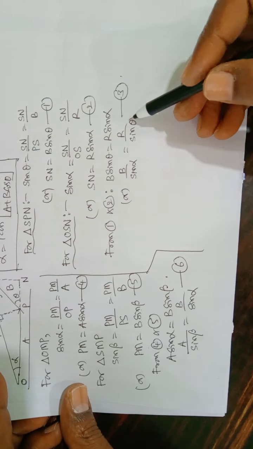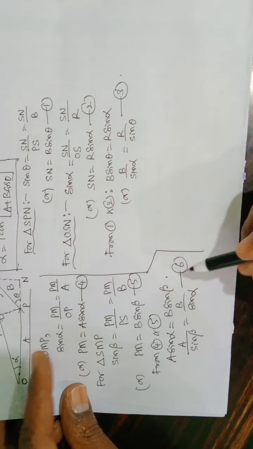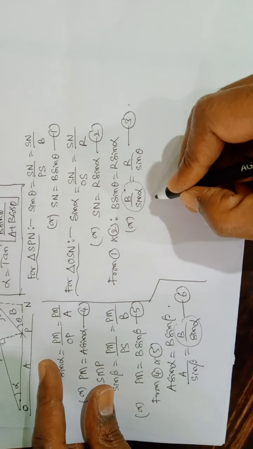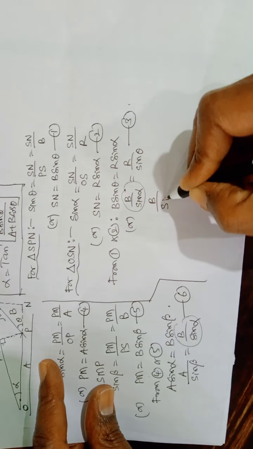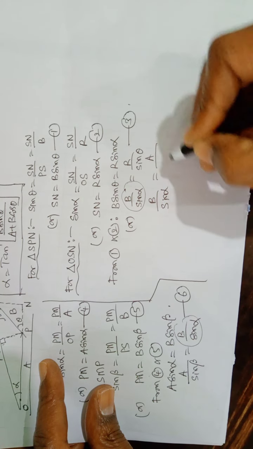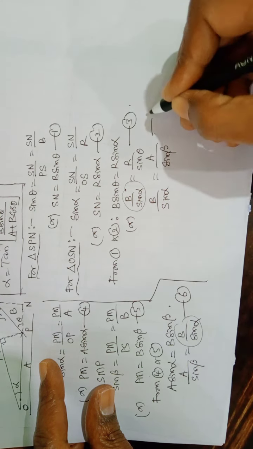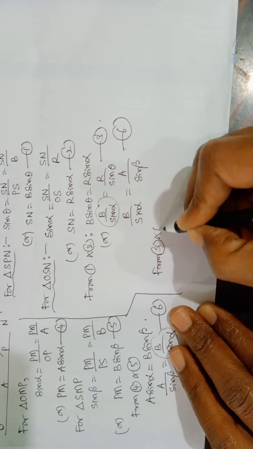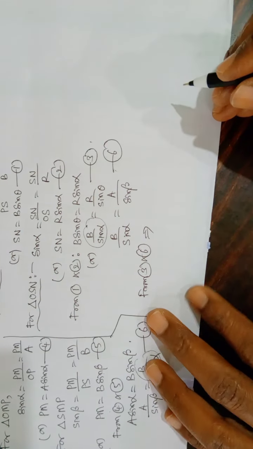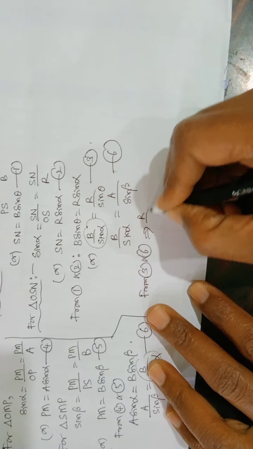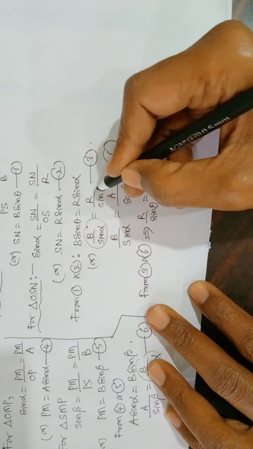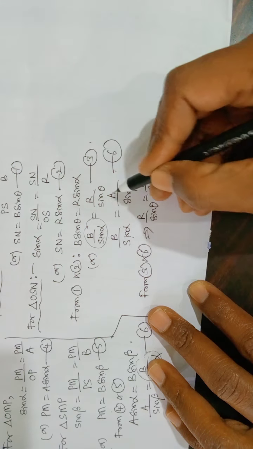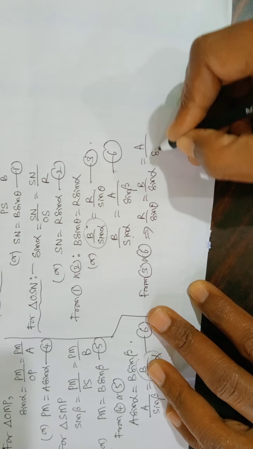Now comparing the third and sixth equations. If you look at the third equation and sixth equation, B by sin alpha is common. So from 3 and 6 we can write R by sin theta is equal to B by sin alpha, and B by sin alpha is equal to A by sin beta.